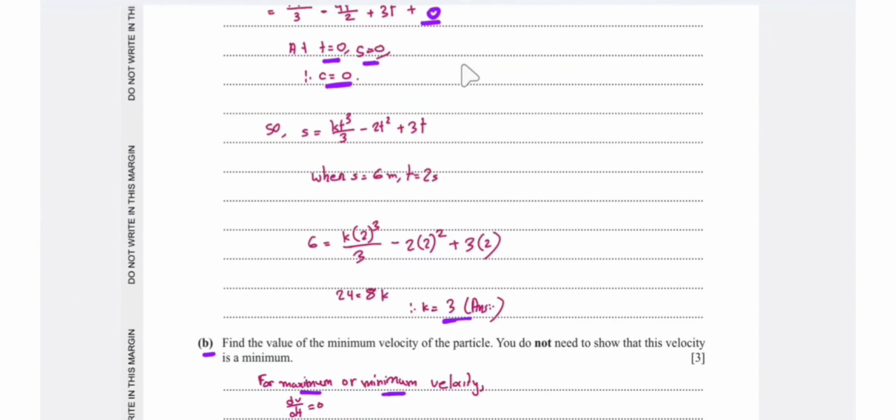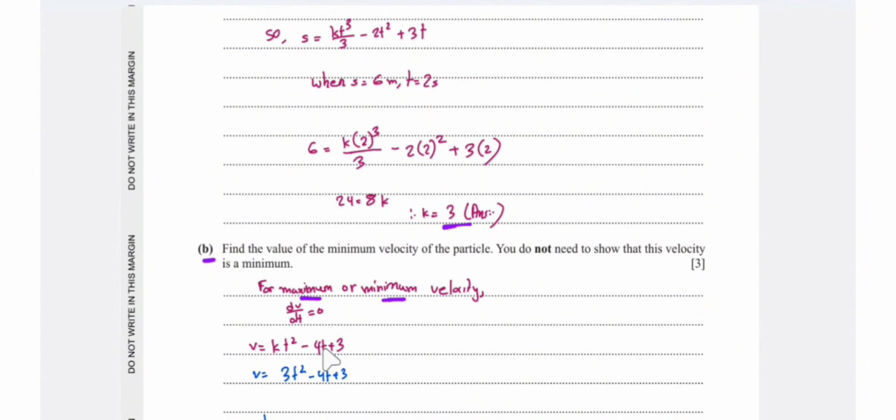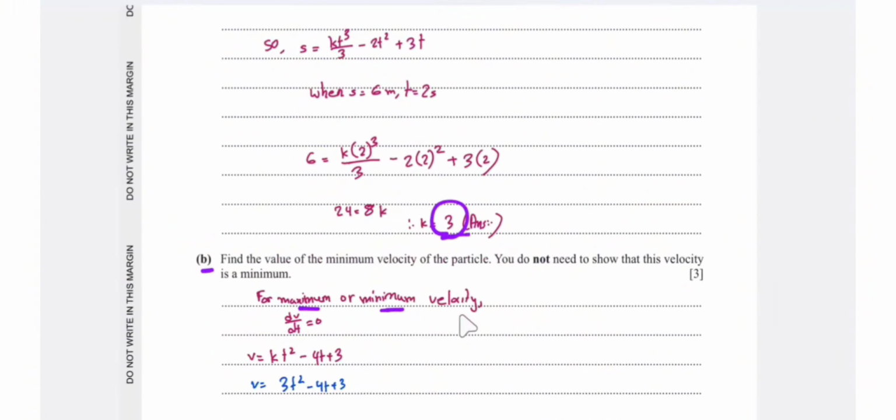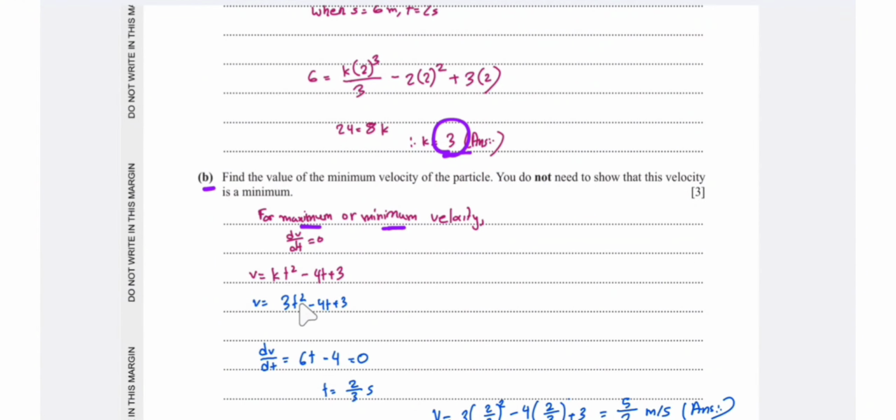So what is dv by dt? v is equal to this expression, where we substitute the value of k as 3, which gives v in terms of t.